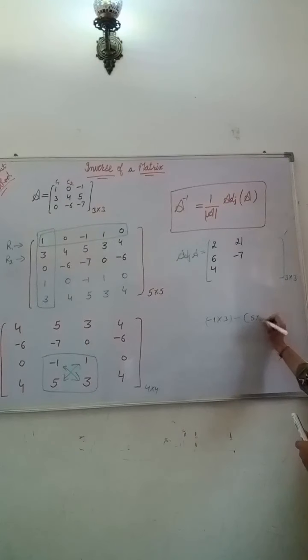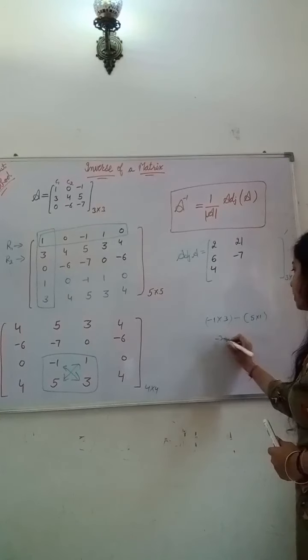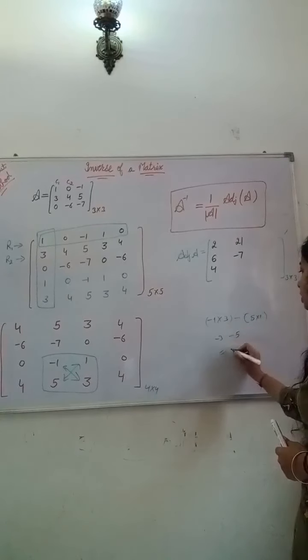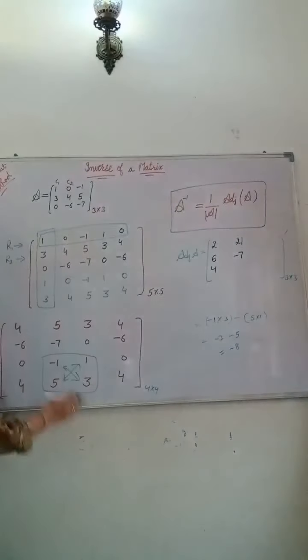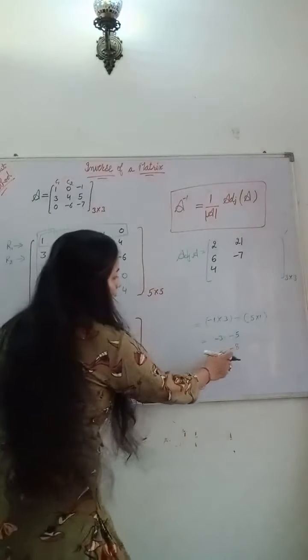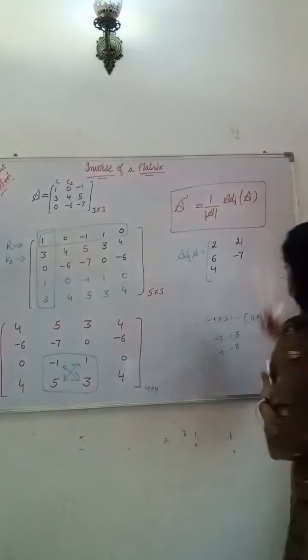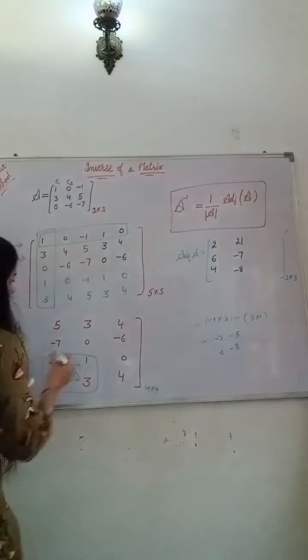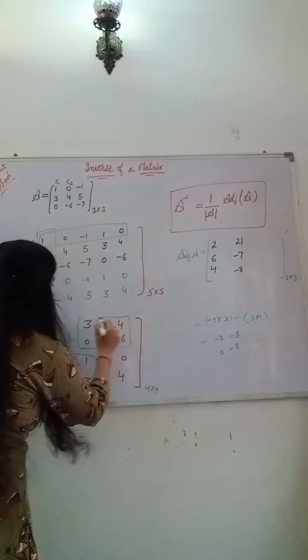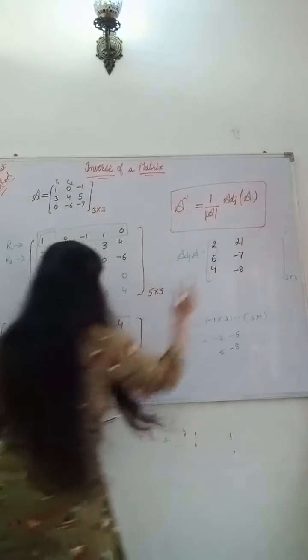Here minus 3 minus 5, that is minus 8. So from this I will get minus 8 for this place. That's it. Now I am going to find the next element from this.